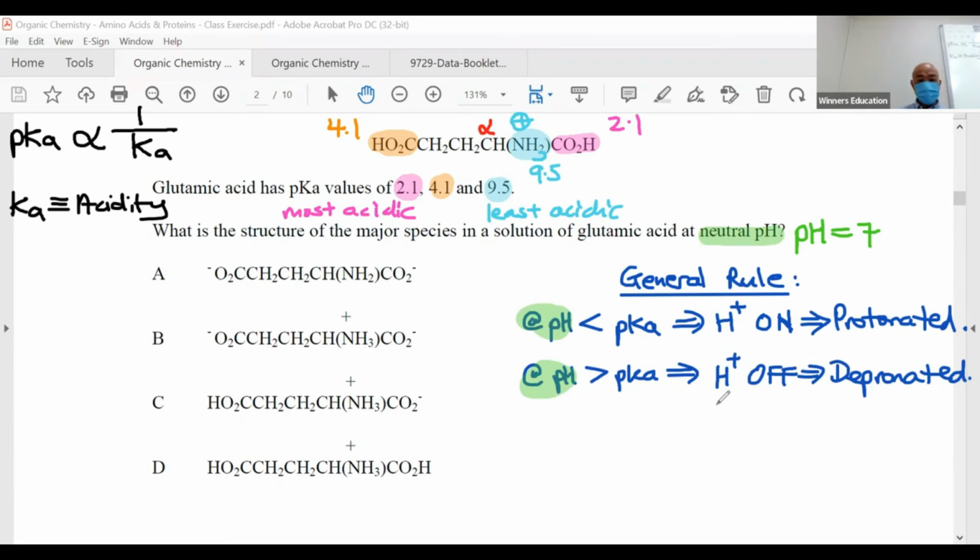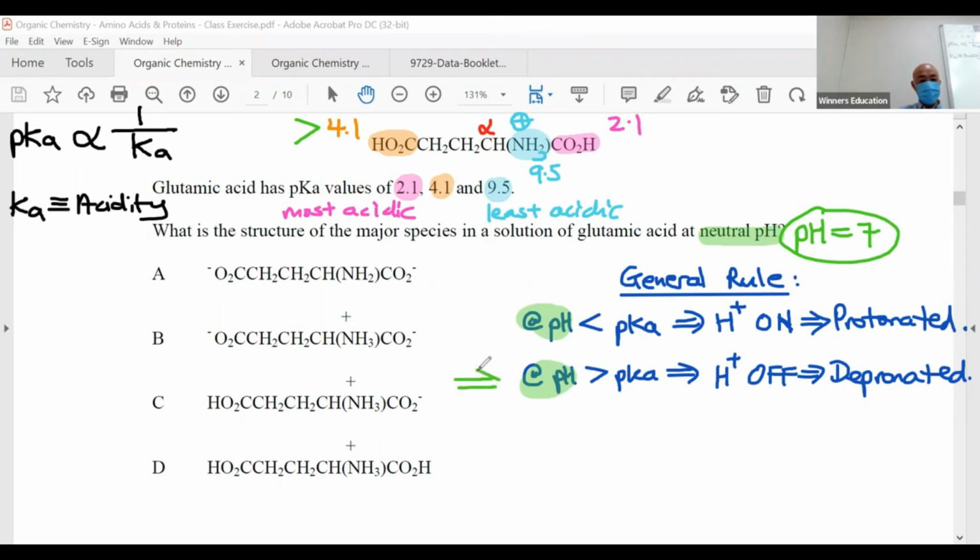And everyone, so we're going to apply this. Ready? So let's color code it, all right? I have used a few colors, slow and steady. So here we go. Let's consider all three groups, the orange, the blue, and the pink. Okay, let's go left to right. Okay, so the current environment is 7. All right. So ladies and gentlemen, 7 versus 4.1. I hope you agree with me. 7 is bigger than 4.1. Everyone? 7 is more than 4.1. So where are we?